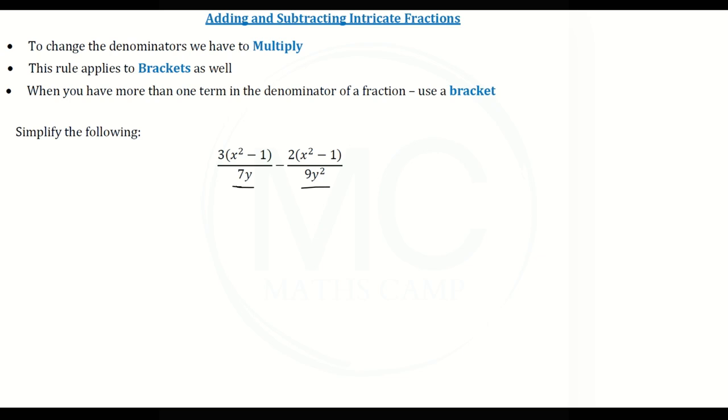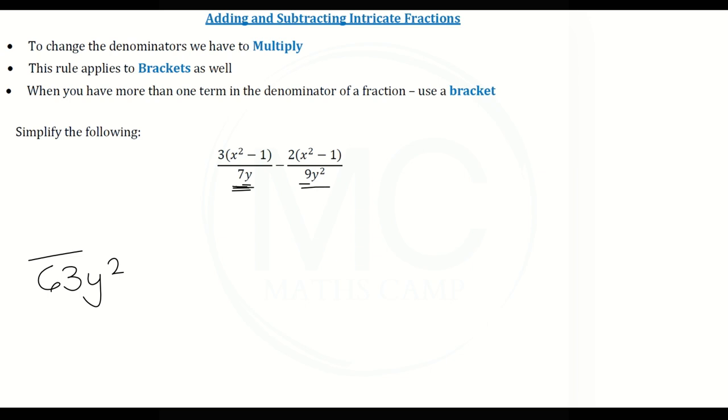So we have to multiply 7 by 9 and then y by y to get y squared. So let's do this now. 7 multiplied by 9 gives us 63, and then we're going to have y squared. So what do we do to 7y to get 63y squared?